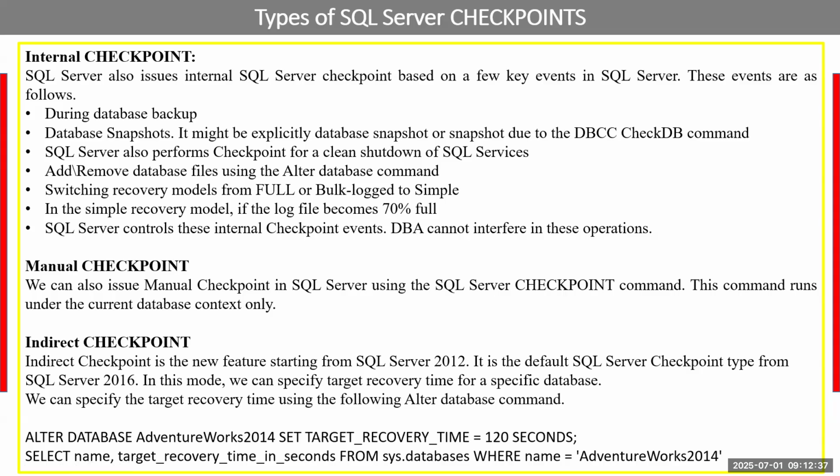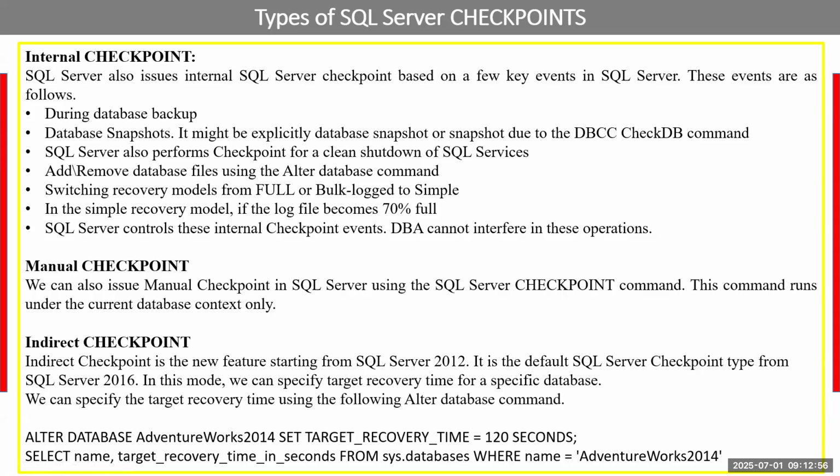I will talk about all these concepts in their respective topics, sir. When we are talking about backups, I will talk about this point. When we are talking about recovery models, I will talk about these points. When we are discussing altering, I will talk about these points. So you will get clarity.